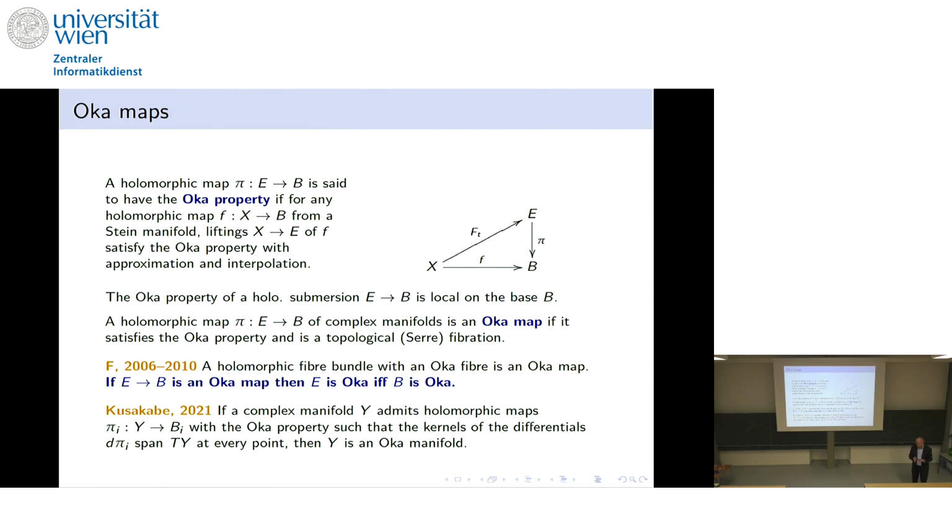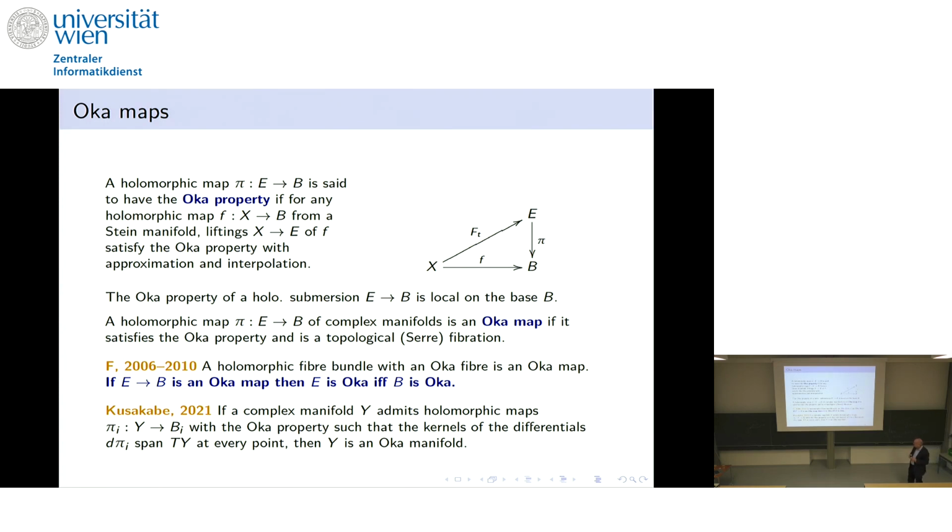So this means I have some kind of projection, right? It's a good projection, an Oka projection. Then I look at the kernel. If there is no kernel, then you do it with one step. But if there is a kernel, well, then you want to use projection in a different direction, and you want that these kernels add up to span the tangent space. Then Y is an Oka manifold.